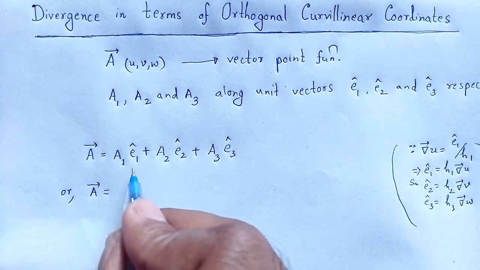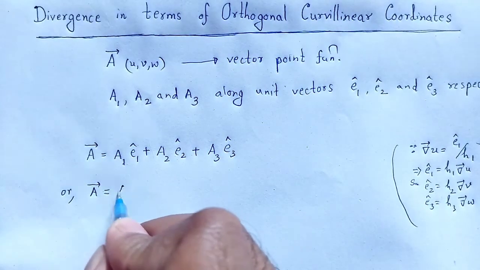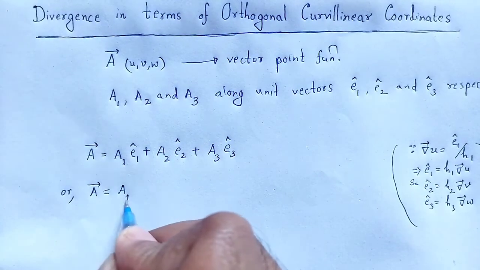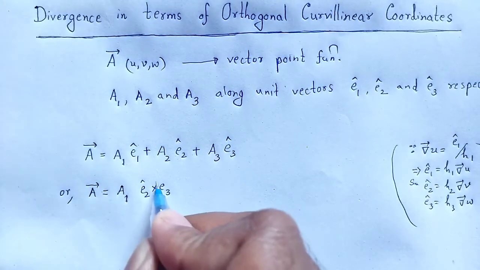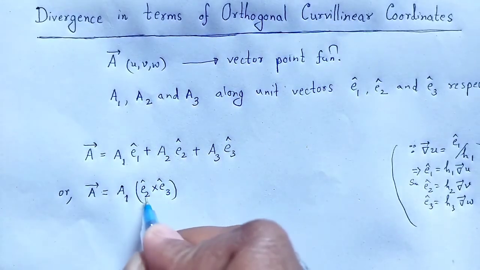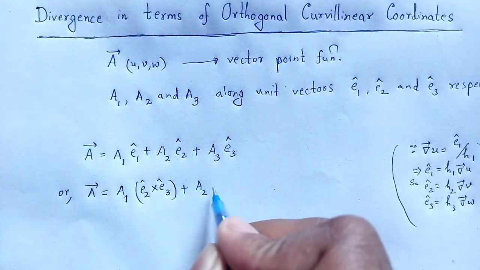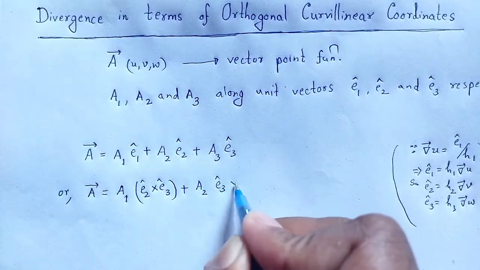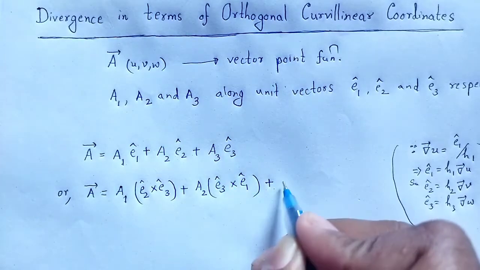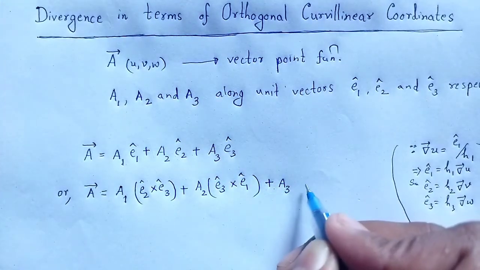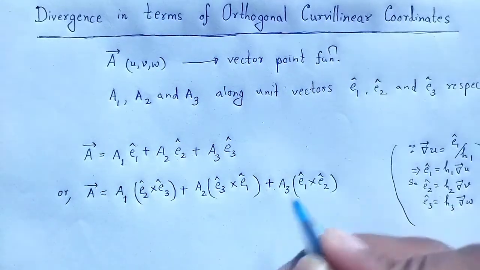So in place of e1 cap, it will be changed to e2 cap cross e3 cap, plus a2 in place of e2 cap, that is e3 cap cross e1 cap, plus in place of e3 cap, e1 cap cross e2 cap.